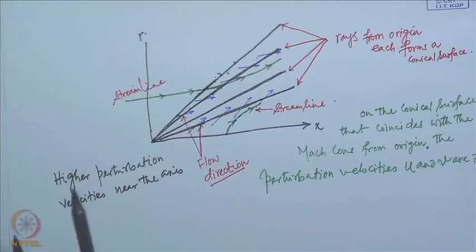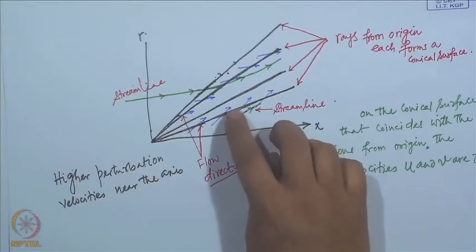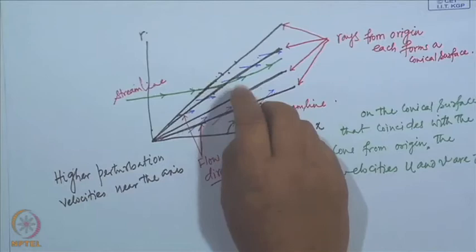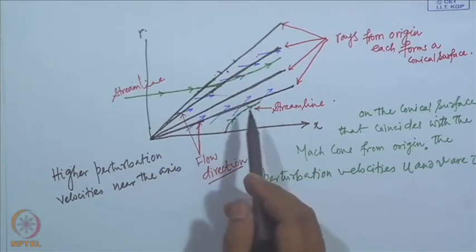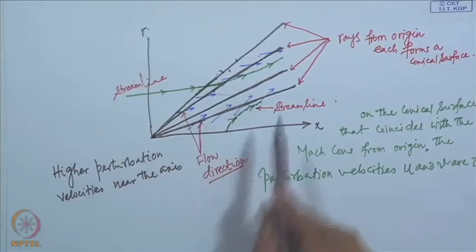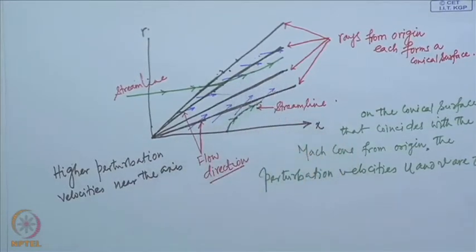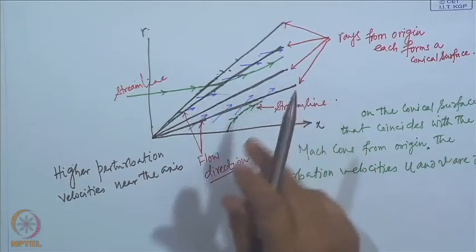Also, what we see is that in this region the flow direction changes. Let us say on this ray this is the flow direction, then on this ray the flow direction will be this, and there will be an intermediate ray somewhere between these two on which the flow direction is along the ray.